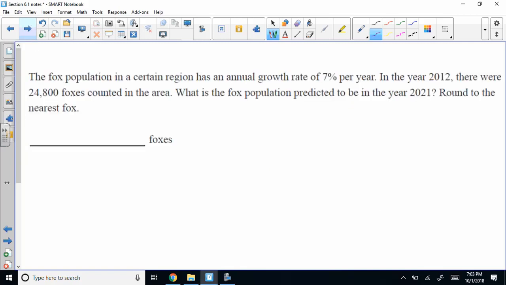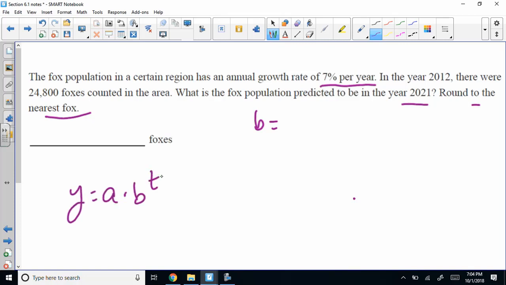All right. Population in a certain region has an annual growth rate of 7% per year. In the year 2012, there were 24,800 foxes counted in the area. What is the fox population predicted to be in the year 2021? Round to the nearest fox, right? All right. So we've got to make sure we understand that we've got to come up with an equation that looks like this, right?